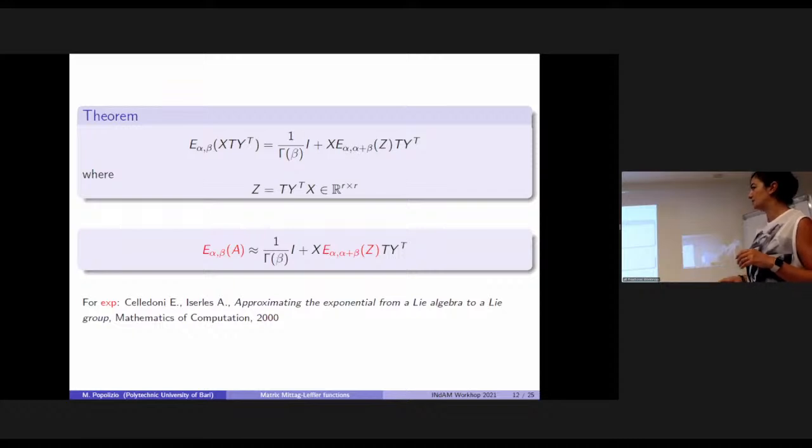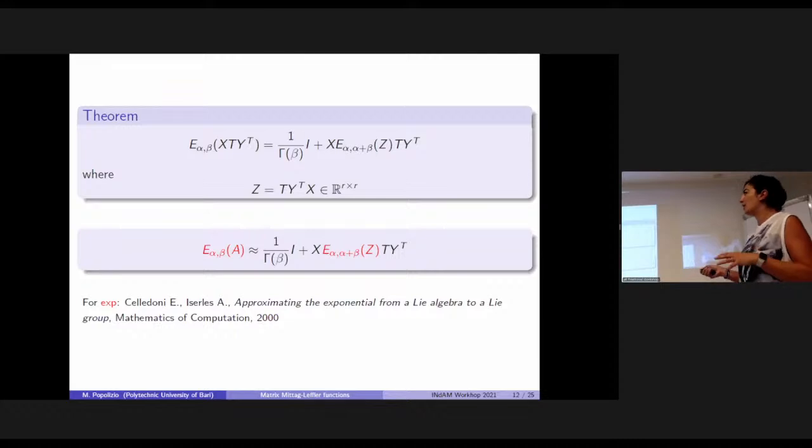This theorem was originally proposed by Cellodoni and Iserles for the exponential, but we have generalized it to the Mittag-Leffler function. You may see that we have reduced the problem, because now we just compute the Mittag-Leffler function on an argument of dimension r times r. And so the objective of having a small r is to reduce in an appreciable way the dimension of this block.